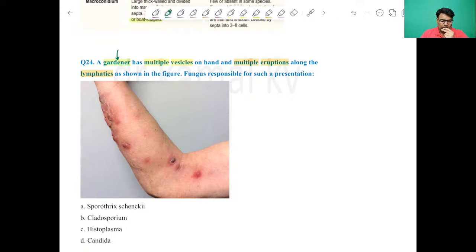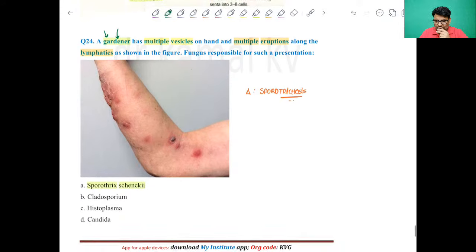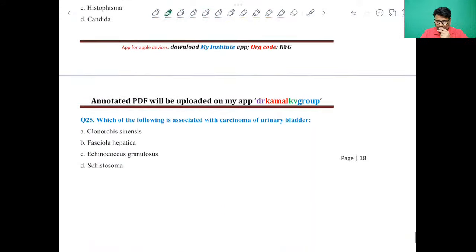Yes, Dr. Kanaya, this is Rose Gardener disease, also known as sporotrichosis, and this is caused by Sporothrix schenckii. Yes, Dr. Dia, absolutely right. Clear? So the moment you have any picture related to gardeners, in which there is a possibility of thorn prick injuries and then eruptions along the lymphatics in upper limb, yes, the answer is sporotrichosis, which is caused by Sporothrix schenckii.